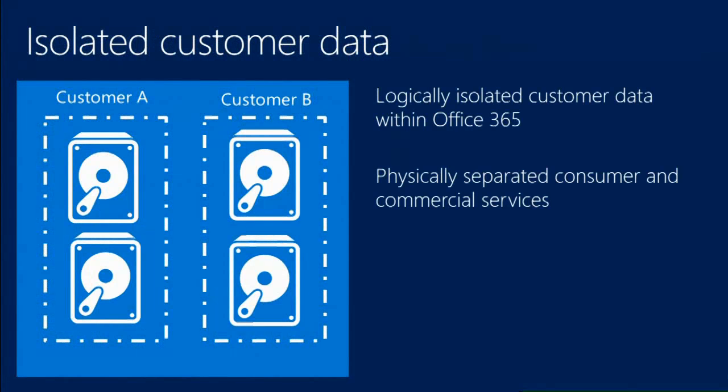So here you can just see kind of another aspect of our physical and operational security. One of the main things that we make sure is that obviously customer data, we're in a largely scaled service being operated for millions of customers worldwide, but we want to make sure also that we have logical separation within the service, so individual customers' data is completely isolated from one another, and also have physical isolation from our commercial and our consumer services, so that mail data, for example, between the two is not mixed, directory data is not mixed, etc., between commercial and consumer.